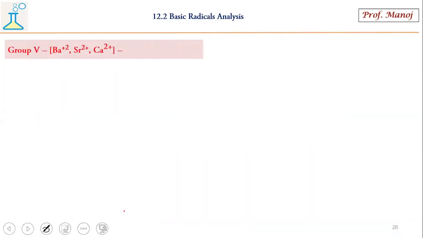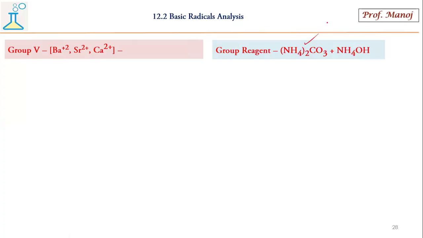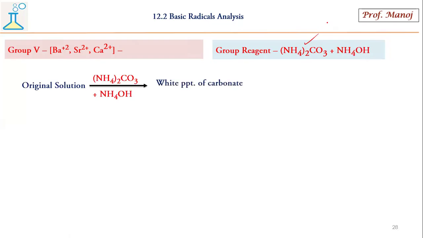So let us come to group 5, which is barium, strontium, and calcium. The reagent mainly over here is ammonium carbonate. Now here it is a little complicated, watch carefully. The original solution is treated with ammonium carbonate. It forms a white PPT.